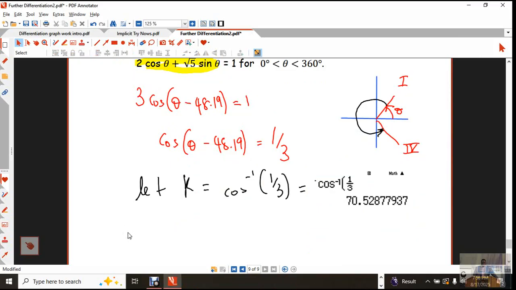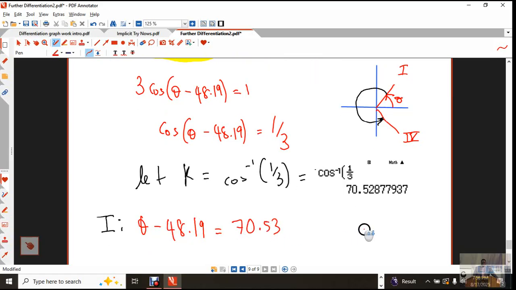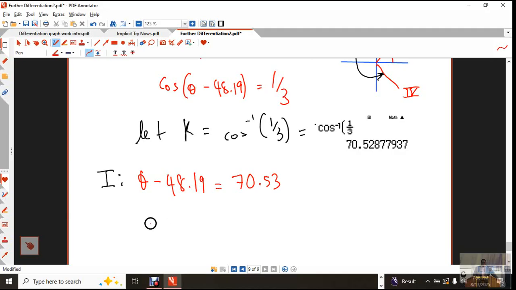So now in the first quadrant, our theta minus 48.19 will be 70.53. This implies that theta equals 70.53.